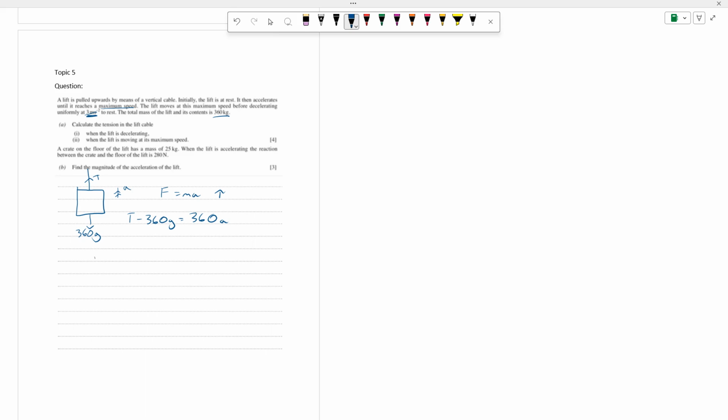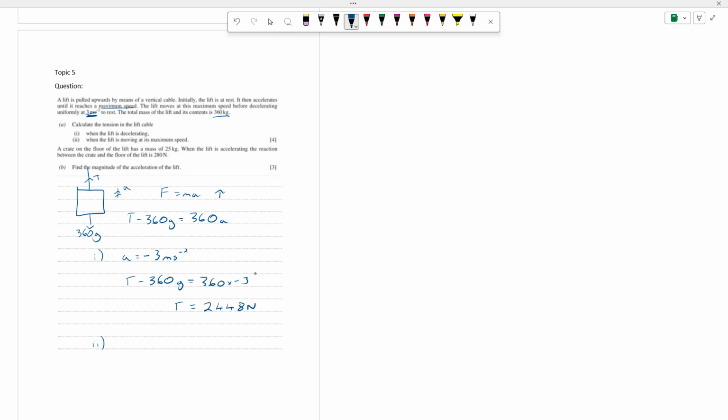So for part 1, I want it when it's decelerating at 3, so when a is minus 3. I'm simply going to sub that in. So I've got T minus 360g equals 360 times minus 3. I'm going to solve that for tension, and I end up with 2,448 newtons.